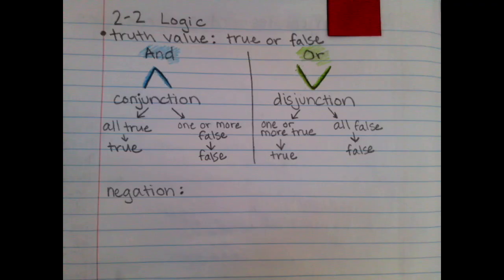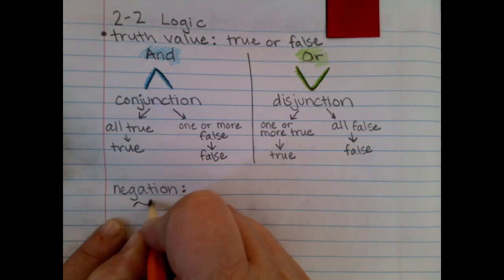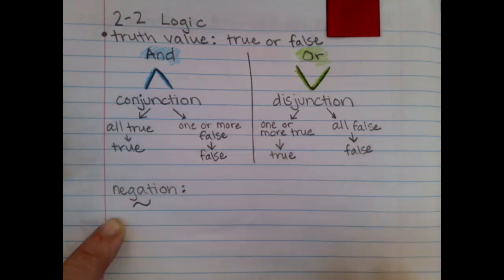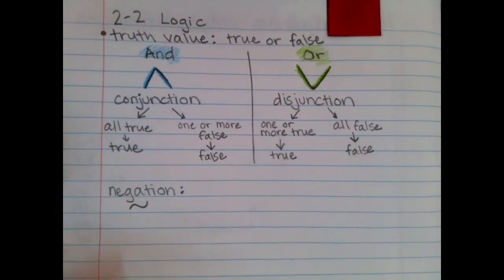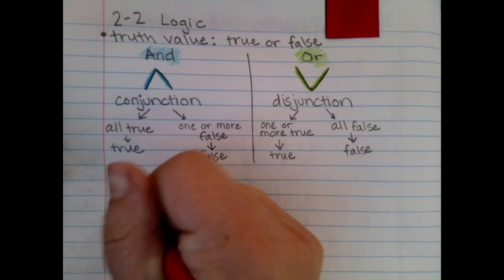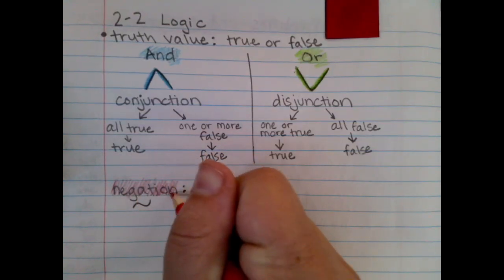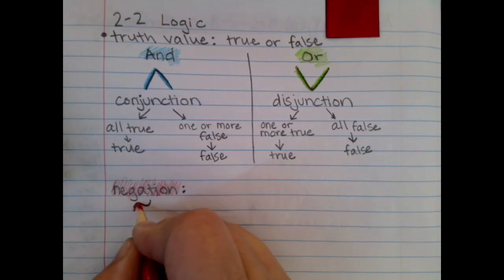I don't know why. It's not necessarily supposed to be the same squiggle as what's on top of a congruent sign, but it is. But we use that little squiggle. I'm going to use red for negation.